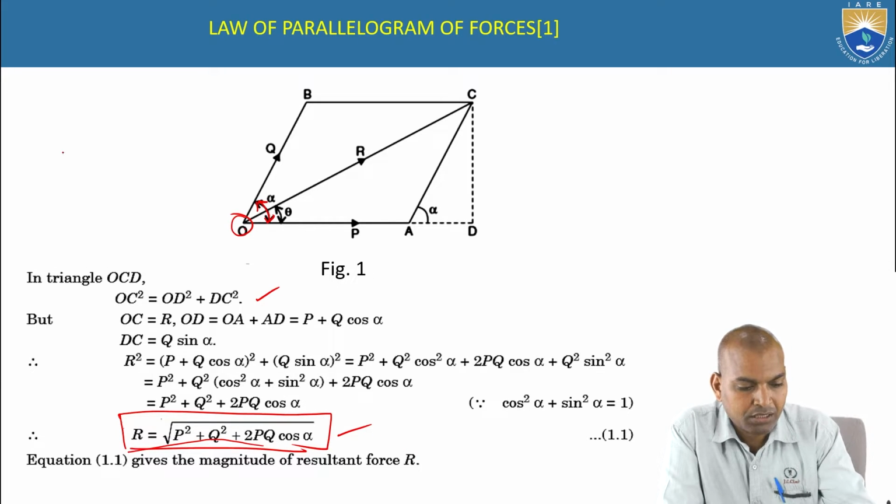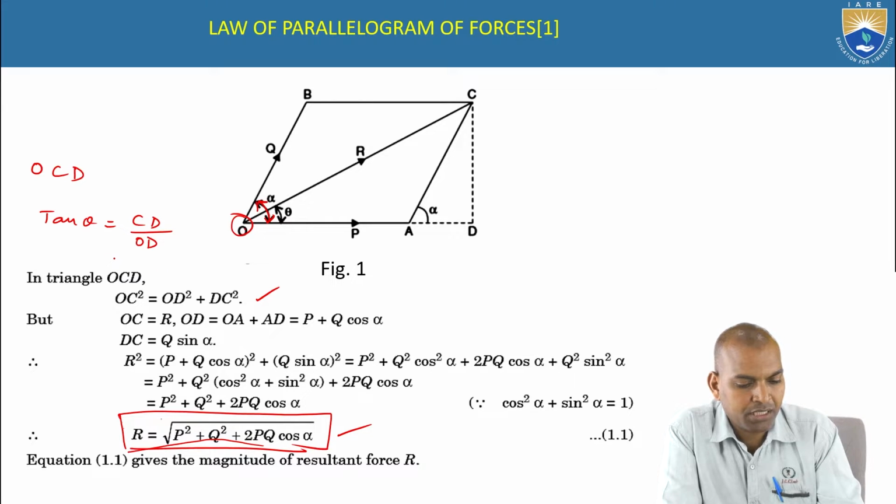Alright. What is the magnitude of theta? If we understand from the right angle triangle OCD, tan theta equals the opposite side by the adjacent side, that is CD by OD. What is CD? CD equals Q times sin alpha. What is OD?